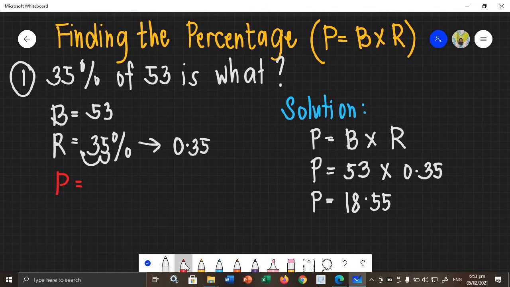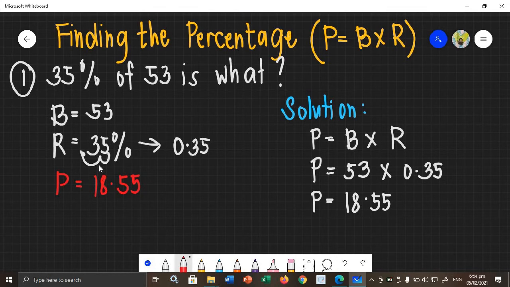So, 18.55 is the value of your percentage. So, technically, kung napapansin nyo, 18.55 is less than 53, wherein correct siya kasi percentage is always less than the value of your base. So, that is how you compute the value of the percentage.